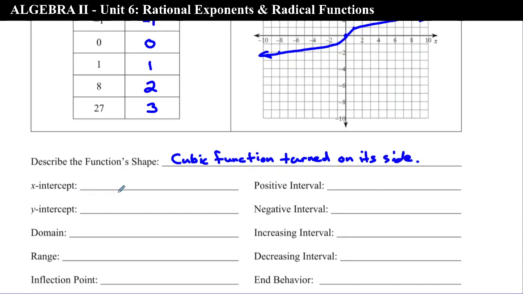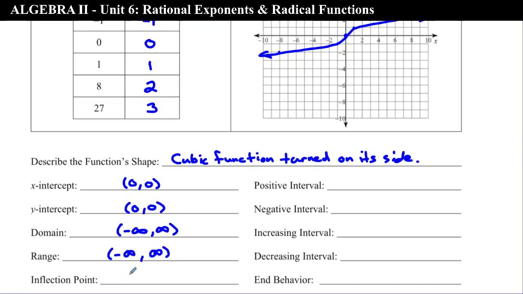All right, how about the x-intercept? Well, it is at 0, 0. The y-intercept, also at 0, 0. The domain is all real numbers. The range is also all real numbers.